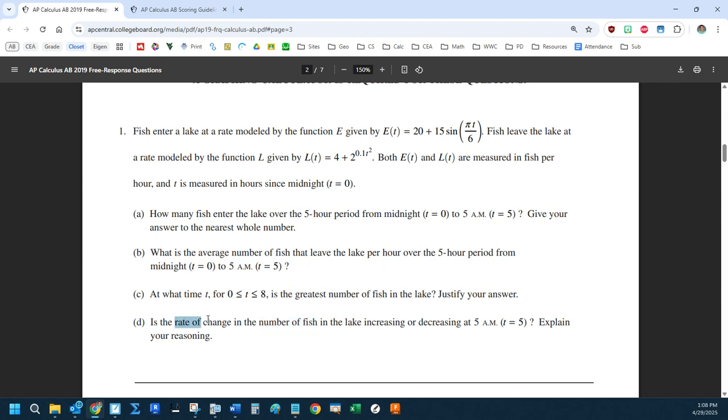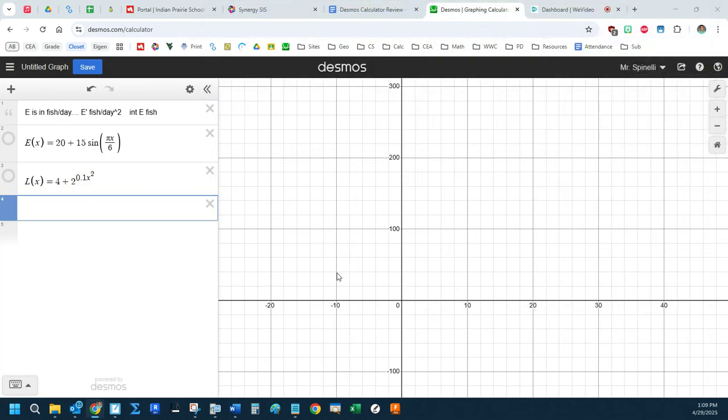But I see the phrase rate of change, so I think derivative. Derivative of integral just means the functions that I have, because this said integrate and this means take the derivative. Derivative of integral means you're right back to the functions you started with. It says, so is the function that I started with increasing or decreasing? Well, how do I find if something's increasing or decreasing? I take the derivative.